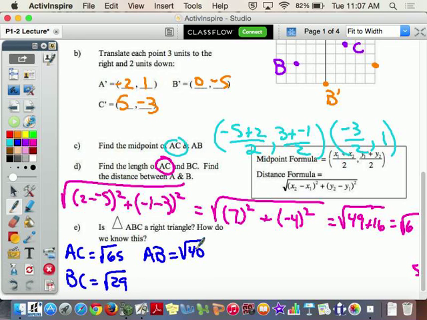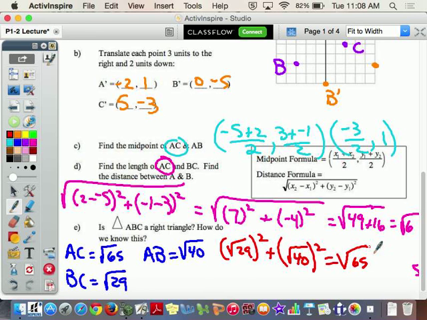So I write down, does the square root of 29 squared plus the square root of 40 squared equal the square root of 65 squared? That's the question.